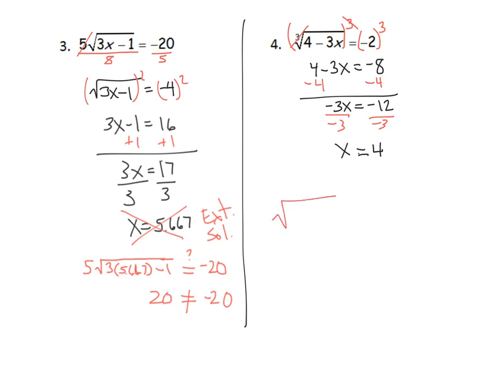We'll take the cube root of 4 minus 3 times 4 and check to see that it is equal to negative 2. And it will be, because the cube root of negative 8 is in fact negative 2.